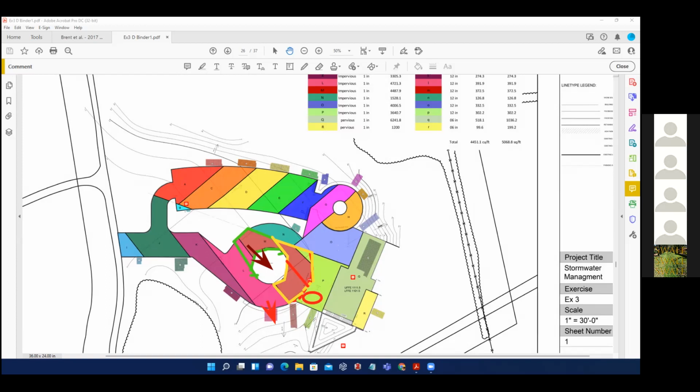This is the lowest location. The lowest location along this curb is somewhere here. And then water has to be directed from this point either to the vegetated area over here or to some sort of a depression in the plaza area.